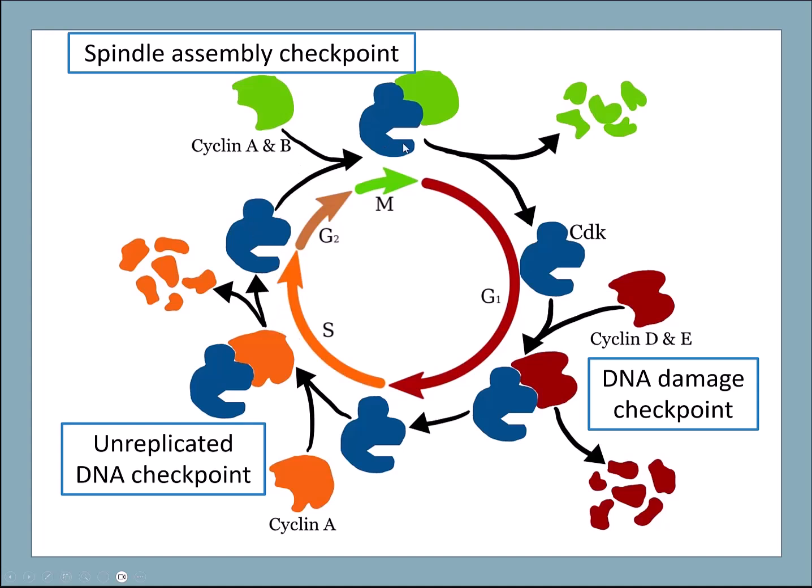And then there's another checkpoint in mitosis. This third checkpoint is a spindle assembly checkpoint. As you know, spindles are necessary for moving chromosomes around the cell during mitosis. So if the spindles are not correctly assembled, then that will stop the cell cycle as well.